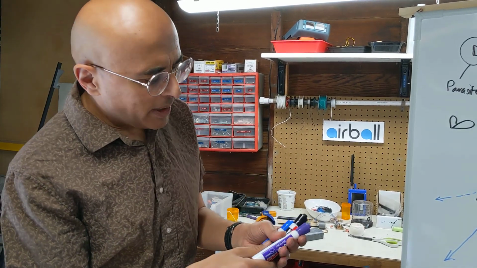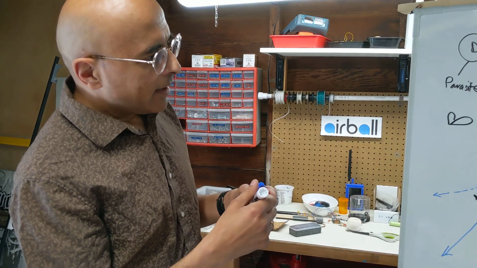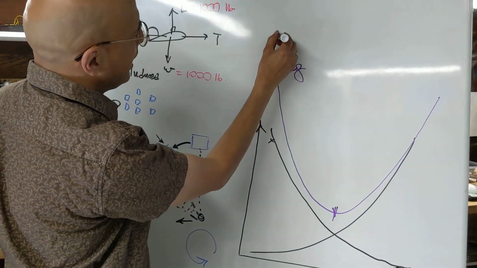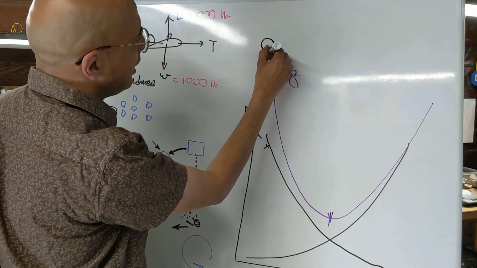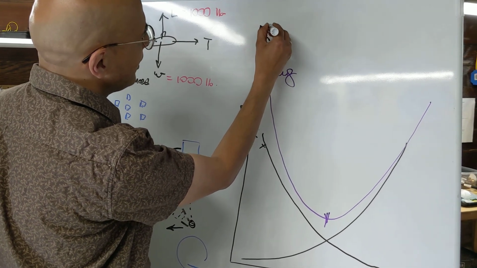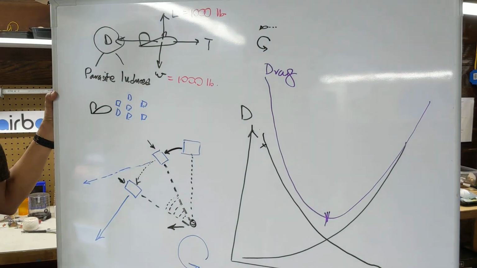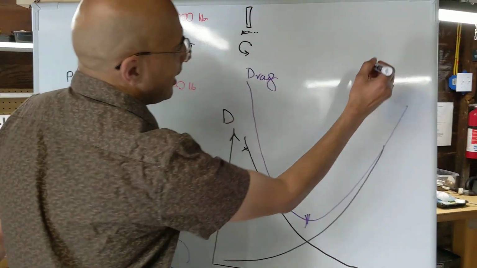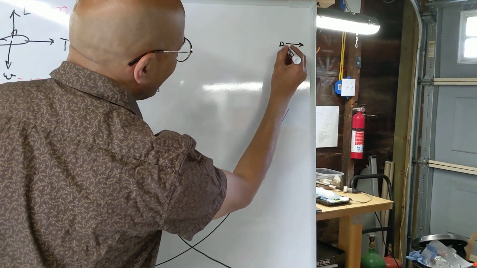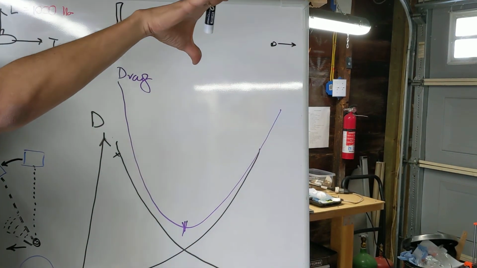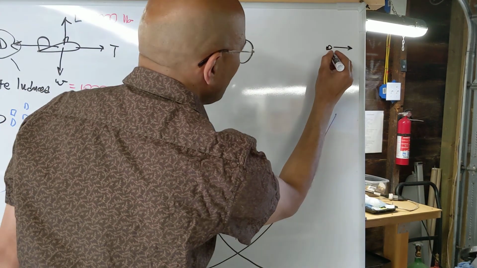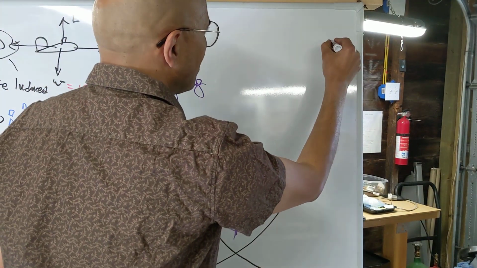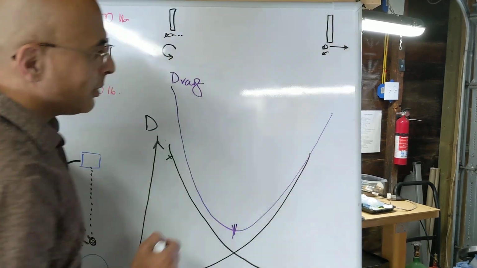Well, I think I would probably consider, like over here, you're flying and producing a huge amount of circulation, but you're also flying really slowly, so you're having a really easy time of going through the air. And so here the amount of drag is huge, and over here you're flying really fast, so you're having a lot of effort beating through the air, and you're just producing a tiny bit of circulation, but because you're using a lot of effort to beat through the air, your drag is huge.